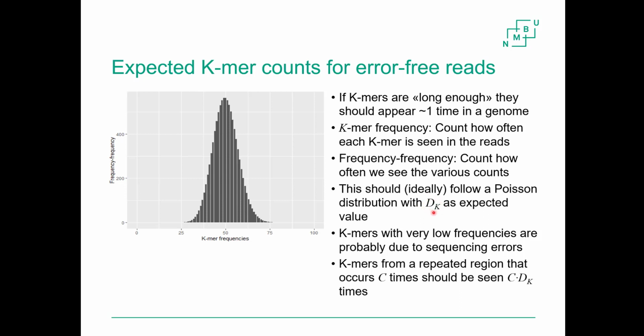But actually, to get a reasonable estimate of this one, we can do that from here without knowing anything about the size of the genome. And then we can actually compute the size of the genome from this information by just using the formula and rearranging and solving for G instead of dk. And that's something we may do in an exercise.